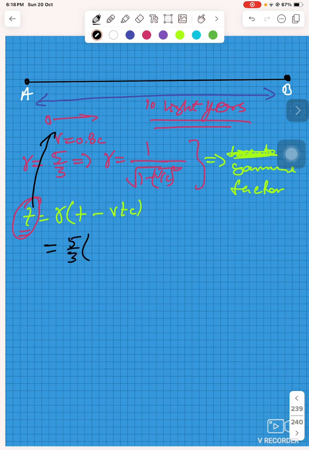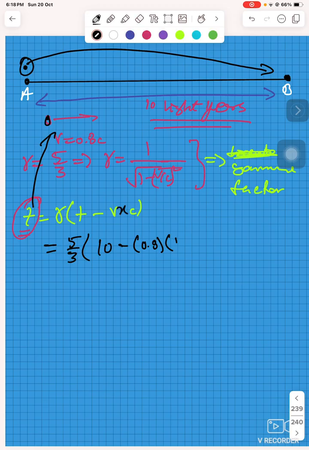This entity over here shows the time being spent by this person, so it will be 5 by 3. That's the original time. Let's suppose the one observing from here measures 10 seconds for that event to happen. I'm just assuming theory, anything can happen in theory. For this guy, only 10 seconds were taken for this vehicle to travel 10 light years. This is the speed, this is x, 3 times 10 to the power 8.